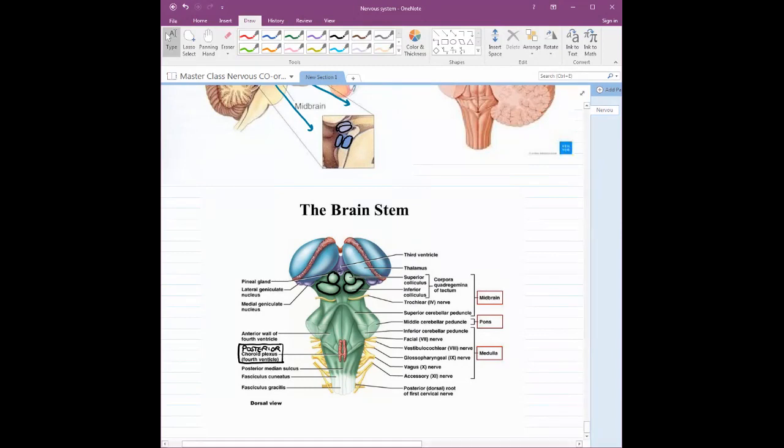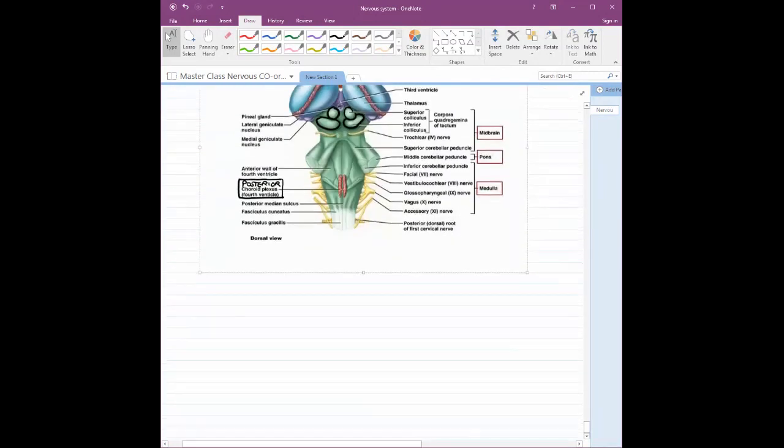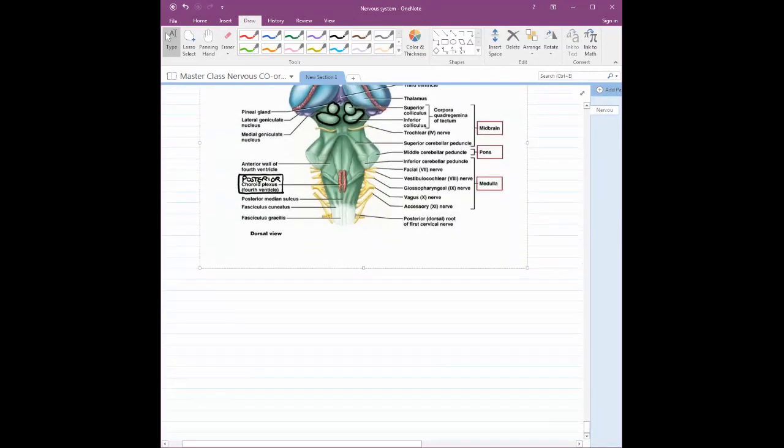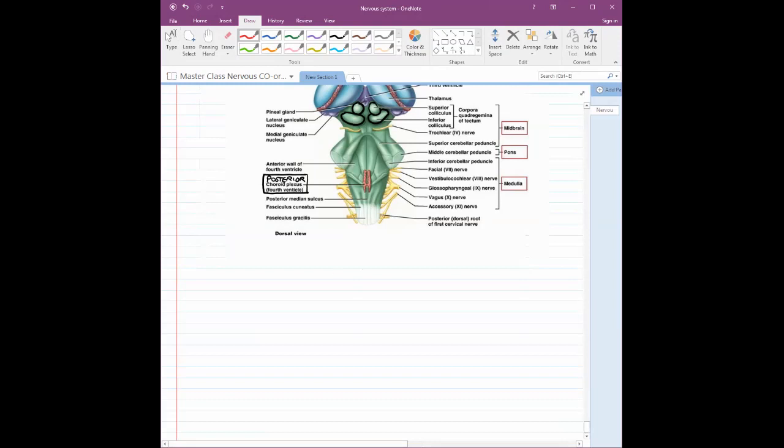Okay, now let's try to go back and talk a little bit more in detail. Who is going to do what kind of job over here? Okay, so once again, we are in our midbrain. And in the midbrain, guys, once again, I told you we are going to have your corpora quadrigemina.